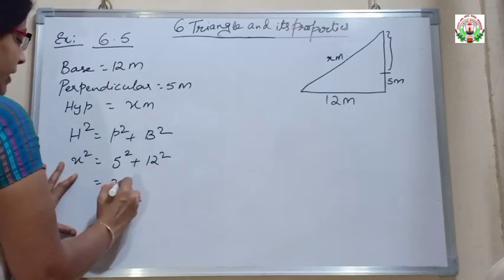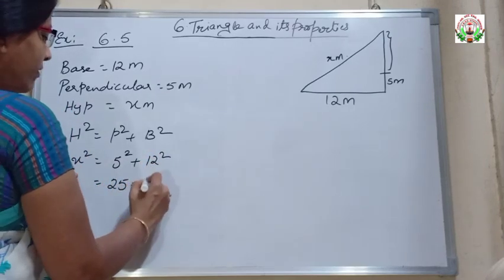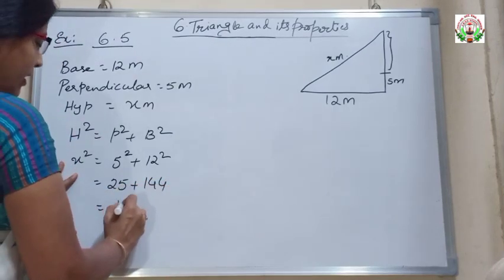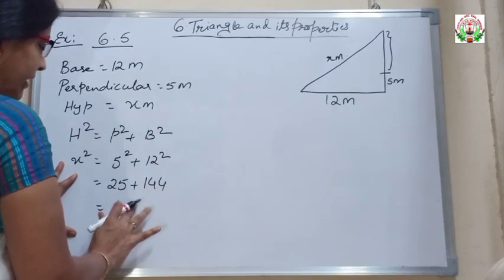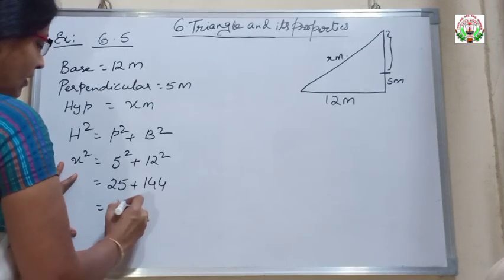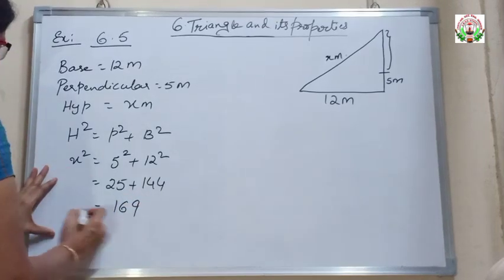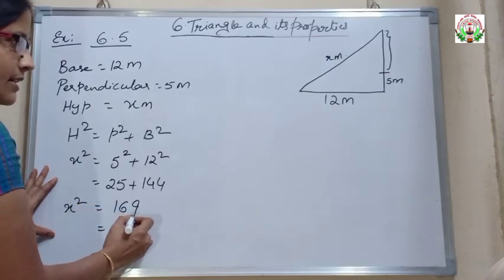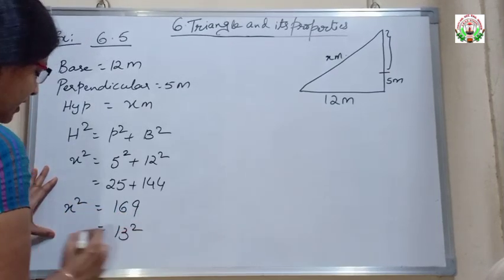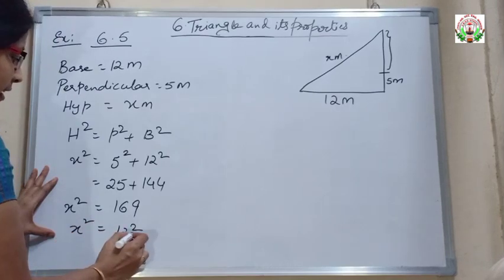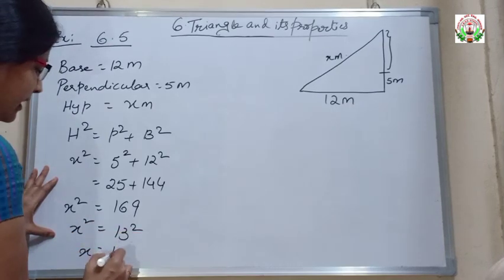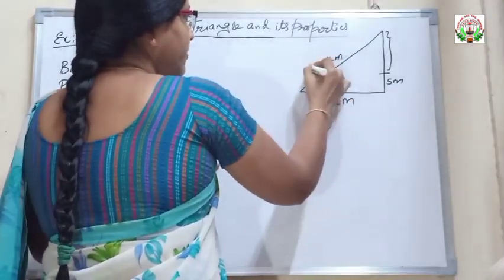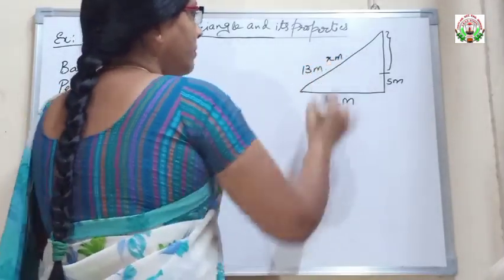So 5 square is 25 plus 12 square is 144. So 25 plus 144 is 169. So x square is 169 and 169 is 13 square. So x square is 13 square, so x is 13 meters. So this hypotenuse we have got as 13 meters.